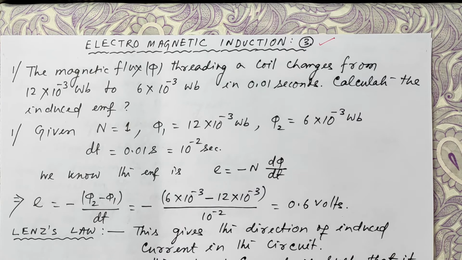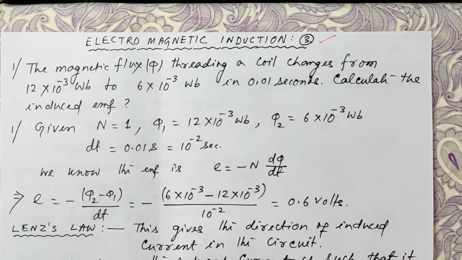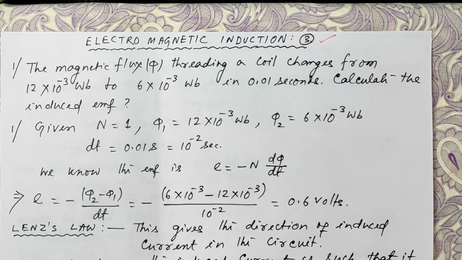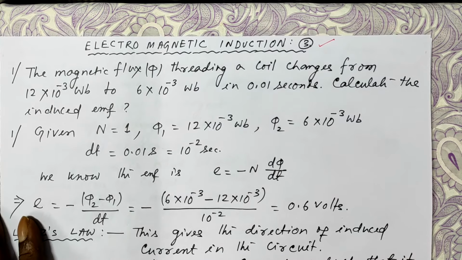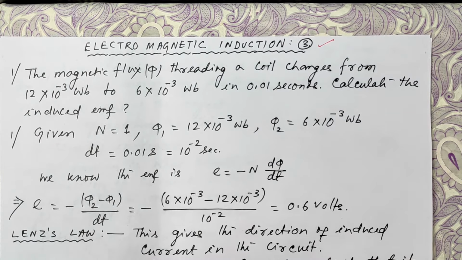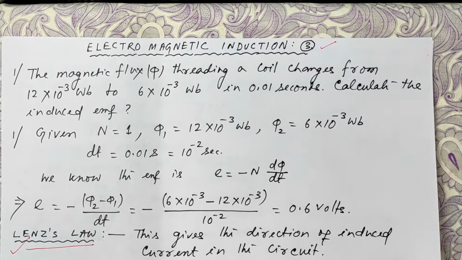Or if the magnet is kept fixed and the coil moves towards the magnet, either north or south, the flux increases. And if the coil moves away from the magnet, the flux decreases. Now let us do a numerical and go to Lenz law that gives the direction of induced current.